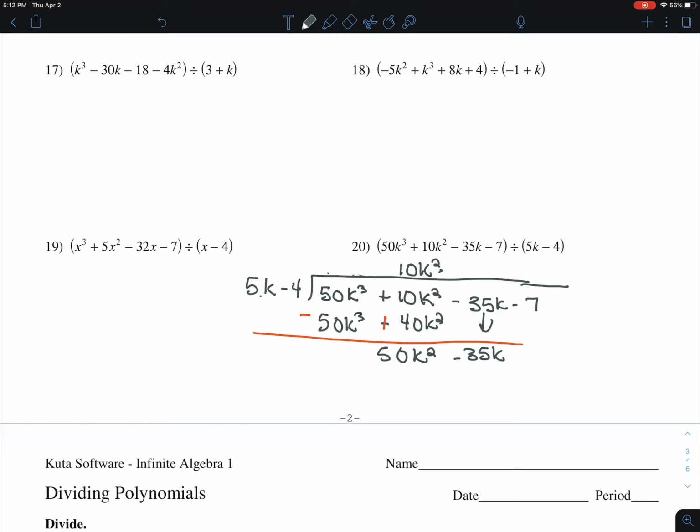So 5k, what can I multiply to get 50k squared? Well, this is similar to what we were doing earlier. So this is going to be plus 5k. Notice how my variables are lining up. This is k squared and this is k. So when I multiply, and that's wrong. Why didn't anybody tell me that was wrong? That should be 10k.